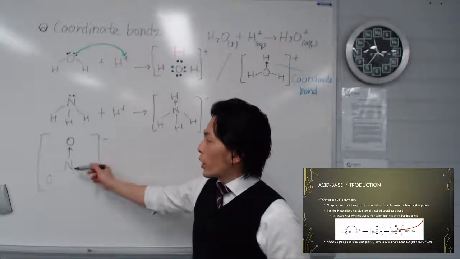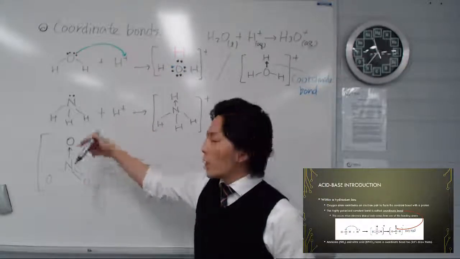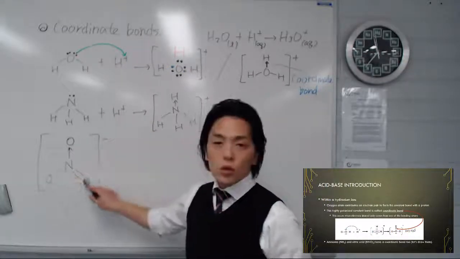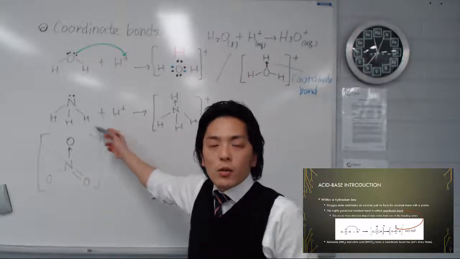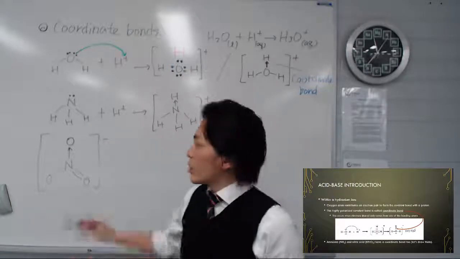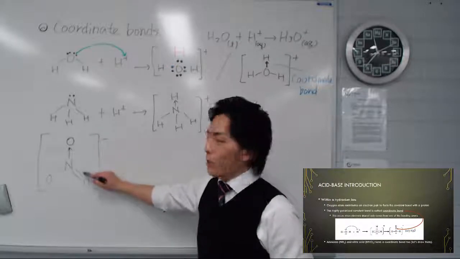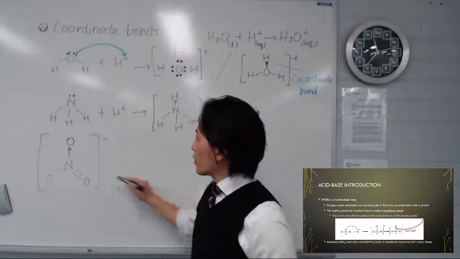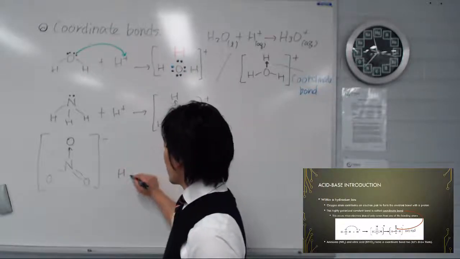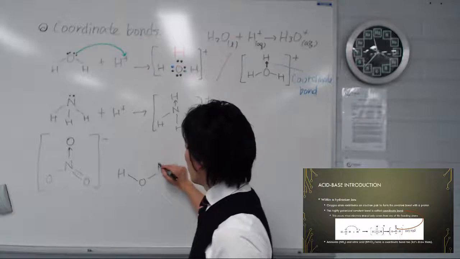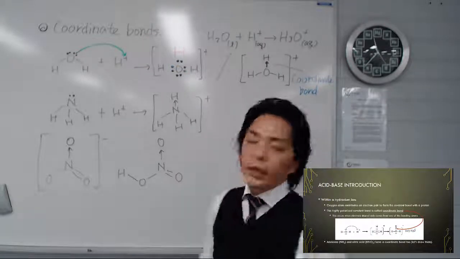If oxygen donated 2 bonding electrons to nitrogen, it would have overcrowded electrons for nitrogen, even if oxygen still had 8 electrons around it. So this is a more stable configuration for nitrogen and oxygen atoms here. Now, if you're looking at HNO3, it would look like this.